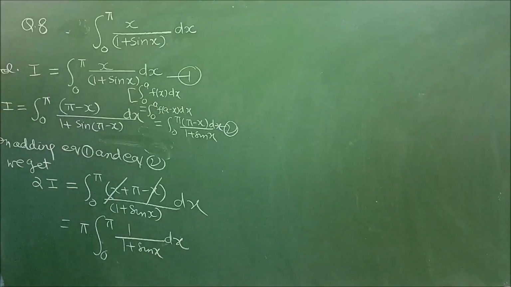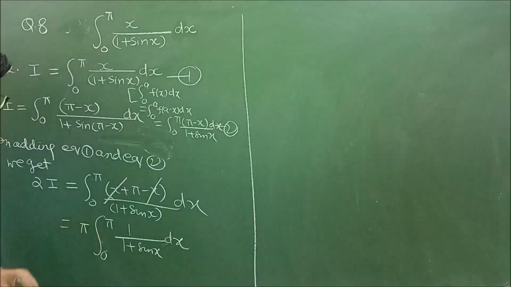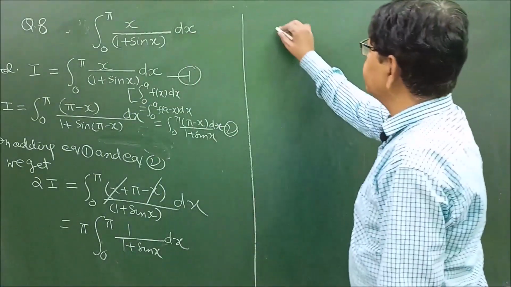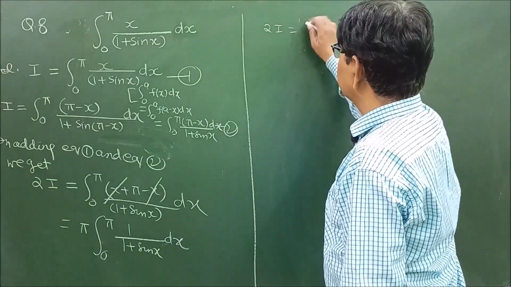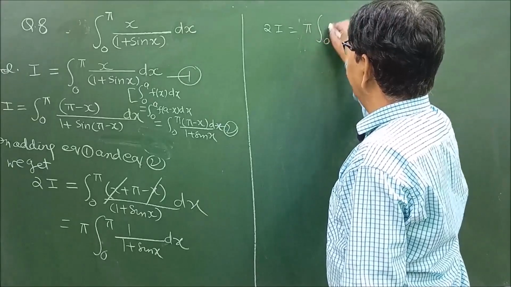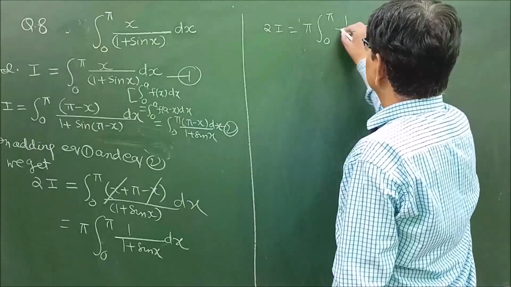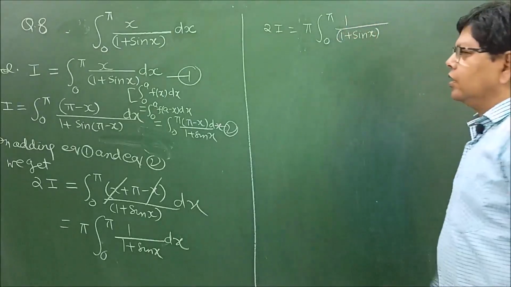Now let us integrate this function within the limits 0 to pi. So 2I is equal to pi, outside, integral 0 to pi, and then 1 upon 1 plus sin x.